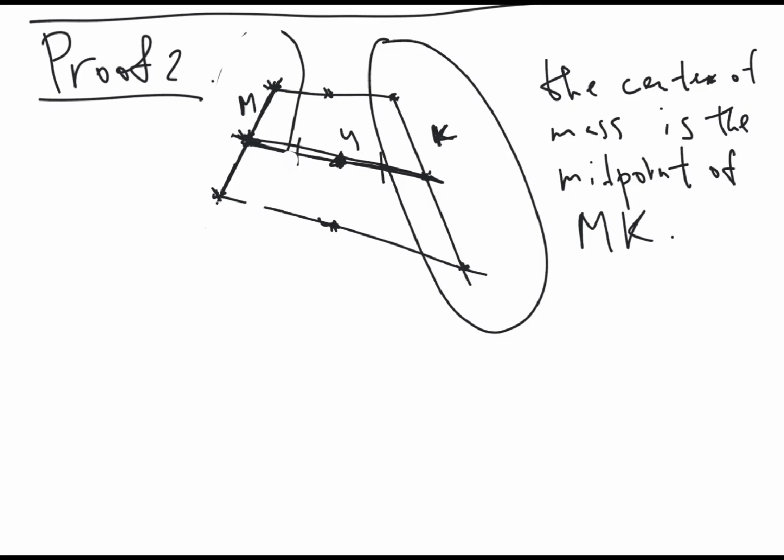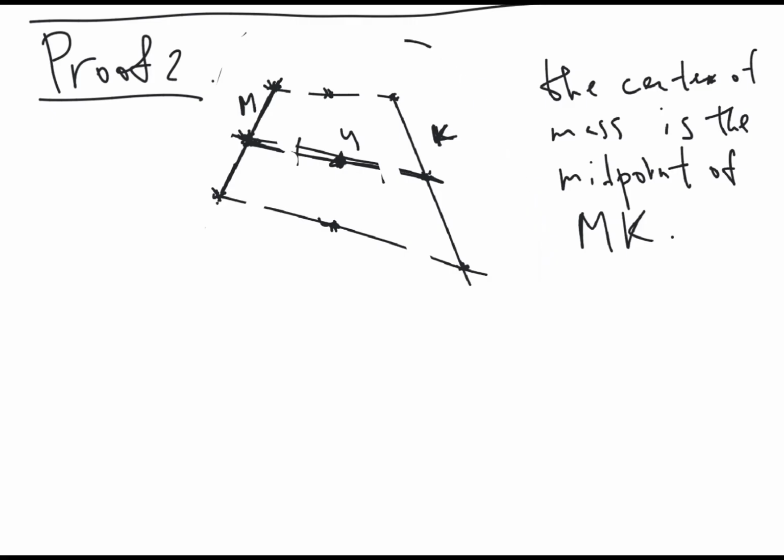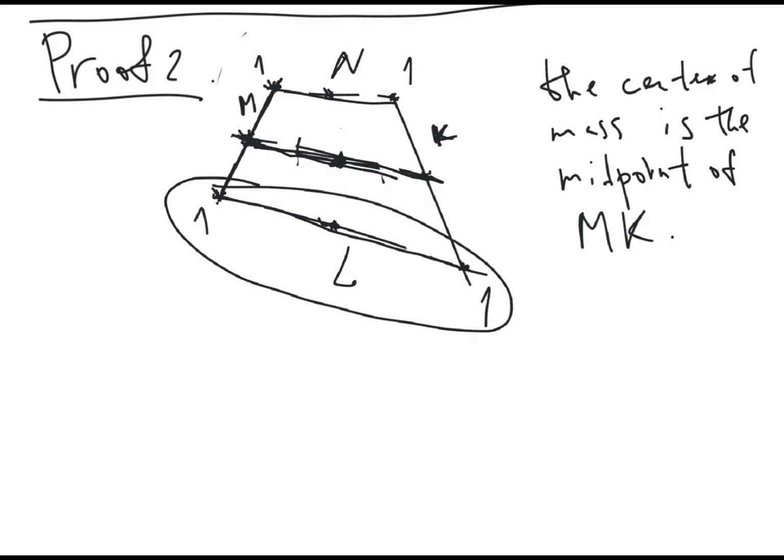Now on the other hand, if we return to the original masses and group them some other way, we have these 2 original masses of size 1, and we group them like this, these 2 together and these 2 together.